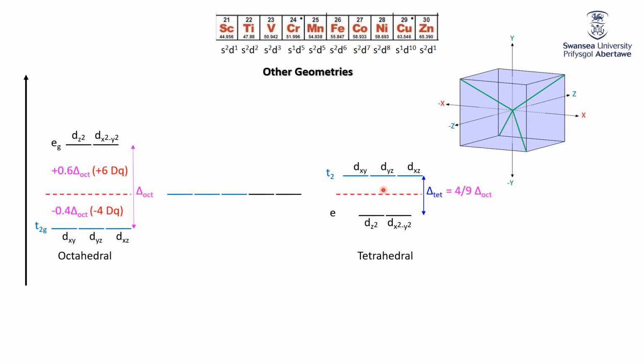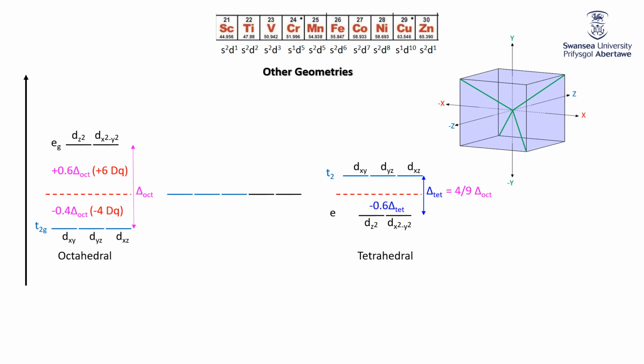But the other difference is that there is a much bigger gap between the orbital behavior and the ligands. The EG in octahedral are pointing right at the ligands. None of the orbitals in the tetrahedral geometry are pointing right at the ligands. We can say that the orbitals along the axes are further away from pointing at ligands than the diagonal orbitals are, but neither of them are pointing directly at the ligands. Thus, the ligands have a smaller effect. So fewer ligands having less of an effect, delta tet is smaller than delta oct.